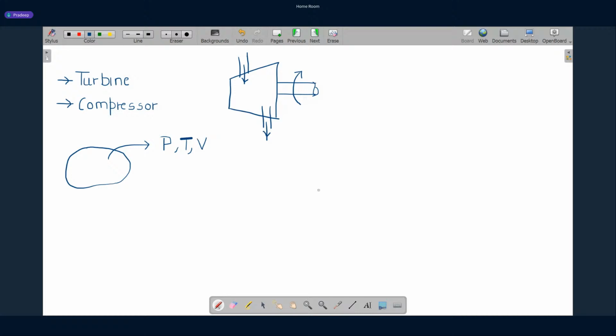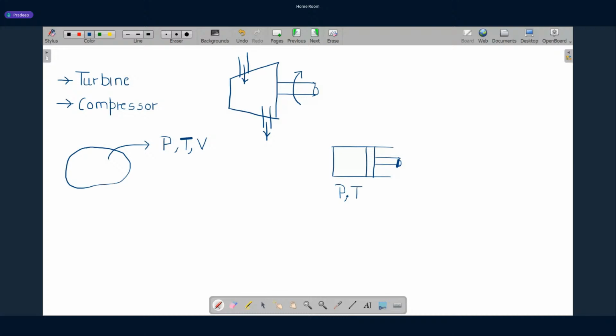Once you fix these characteristics, for example, going back to the same example, the gas behind the piston cylinder arrangement, once you have fixed the properties of the gas, let's say the pressure and temperature, then we say that we have fixed the state of the gas.